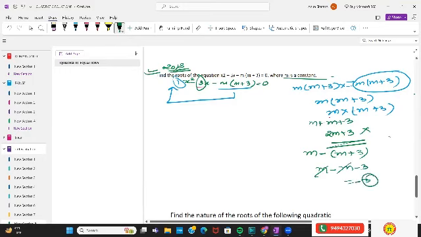We have got our motive, right? So what you will do here, x square minus m plus 3 minus m. May I write like this? Yes, ma'am. Minus m into m plus 3 is equal to 0. Now open this bracket. Don't cancel that. So x square minus m plus 3 into x.